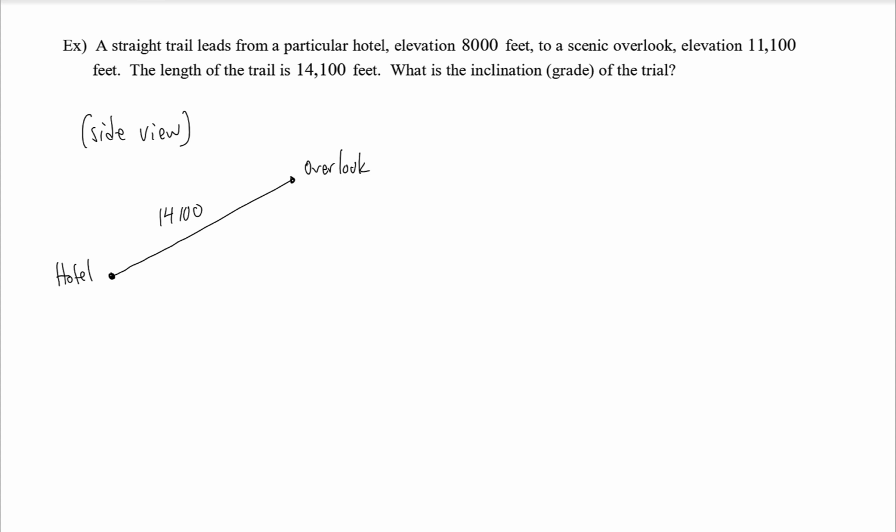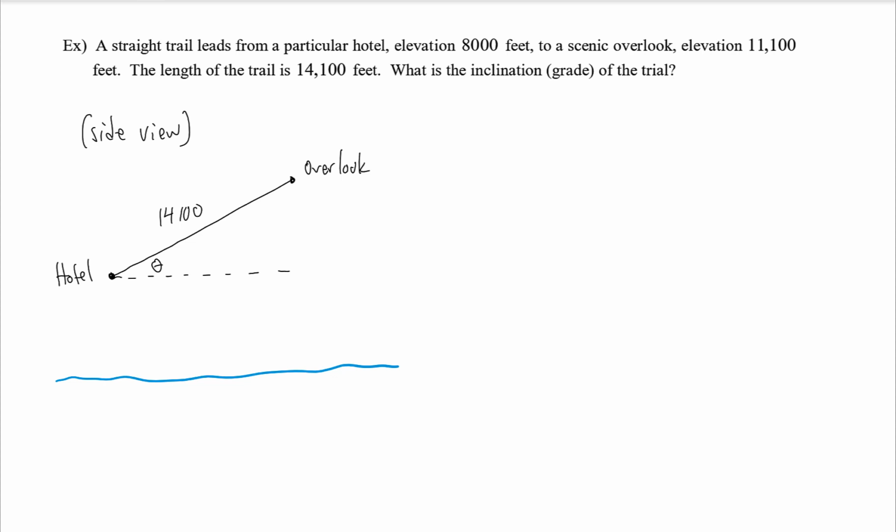What is the inclination of the trail? So I need to know this angle. And the only other thing they've given me is elevation. So as you may or may not remember from, for me, 6th grade, Mrs. Saucer, love you, Mrs. Saucer, an elevation is basically the distance above sea level.